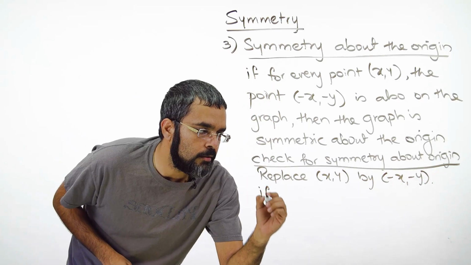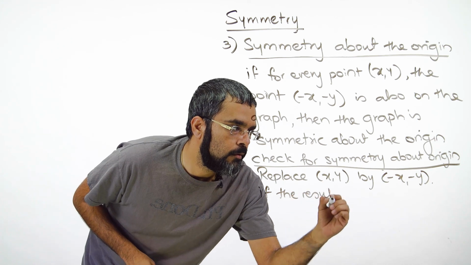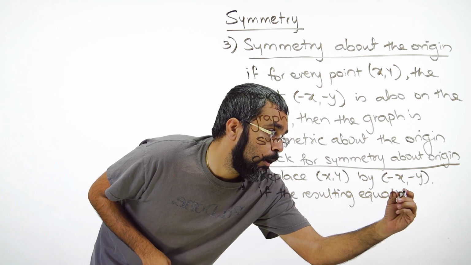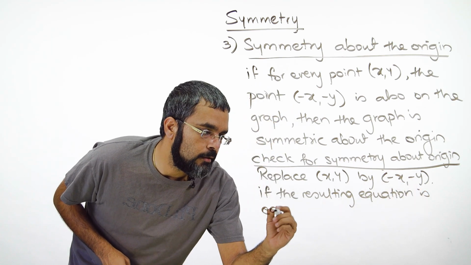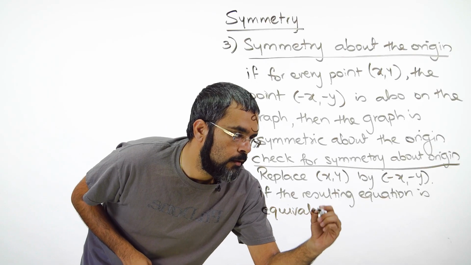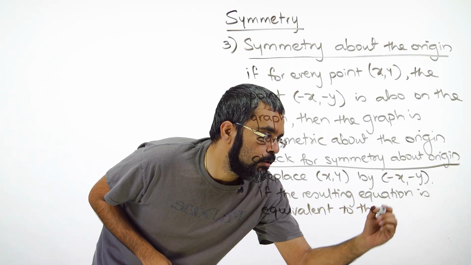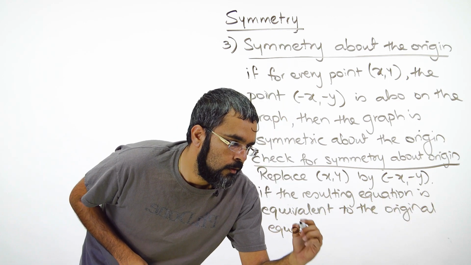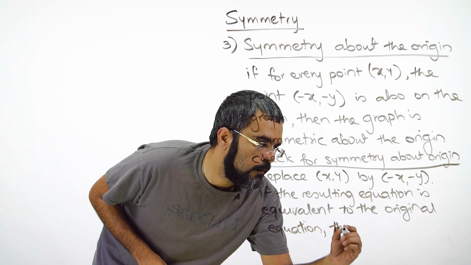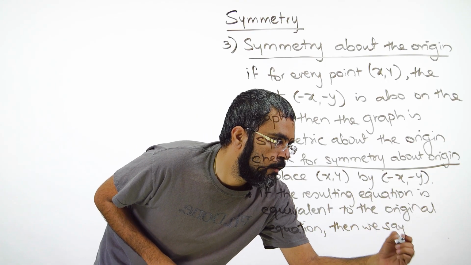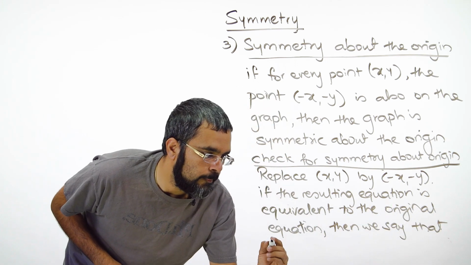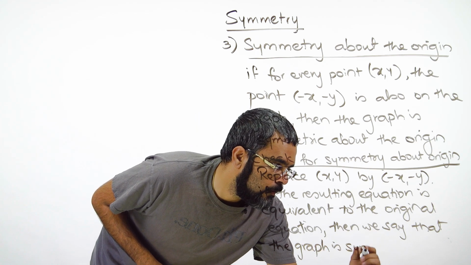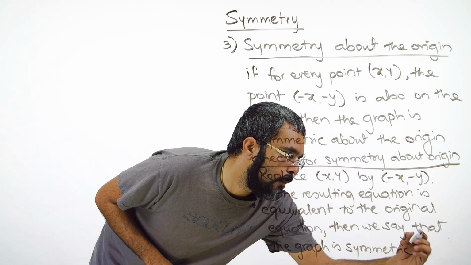If the resulting equation is equivalent to the original equation, then we say that the graph is symmetric about the origin.